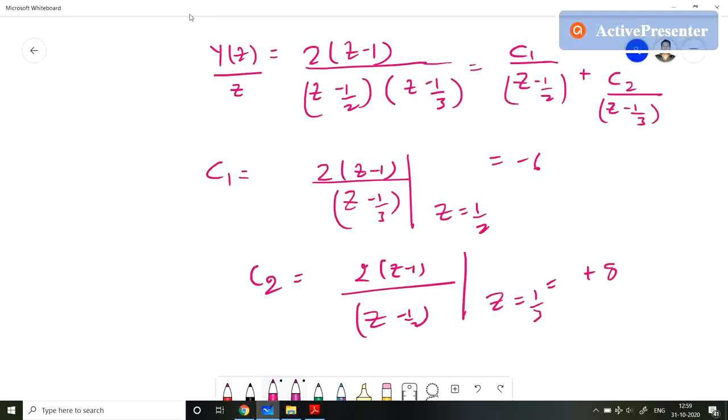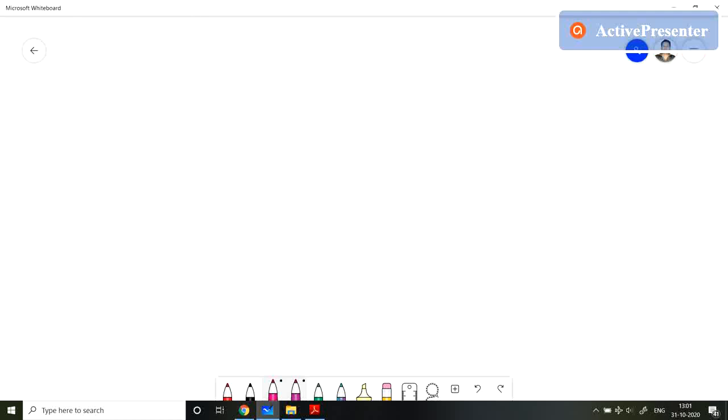So putting the values of C1 and C2, we get Y(z) is equal to minus 6z divided by z minus 1 by 2, plus 8z divided by z minus 1 by 3.